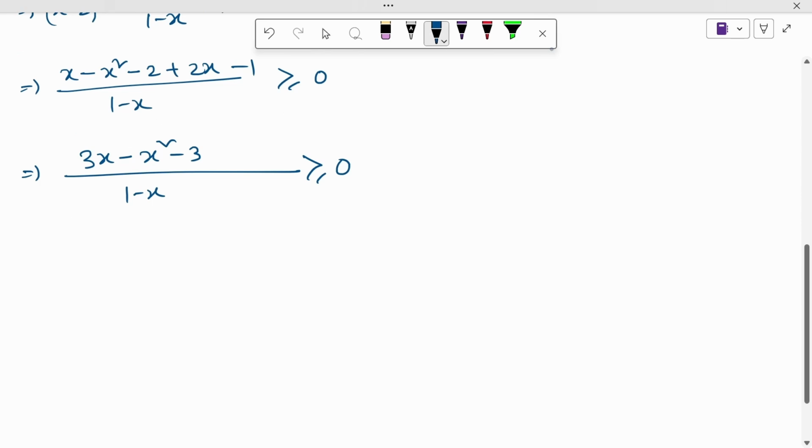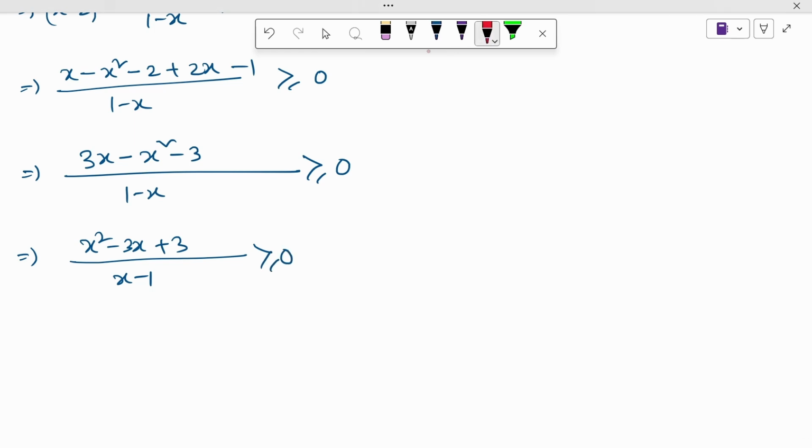Now let's do one thing. Let's multiply numerator and denominator by minus 1. So it will be x square minus 3x plus 3 divided by x minus 1 greater than or equal to 0. Now here see, there is a quadratic term, and in this quadratic term, the discriminant is less than 0. That means 3 square minus 12, so minus 3.